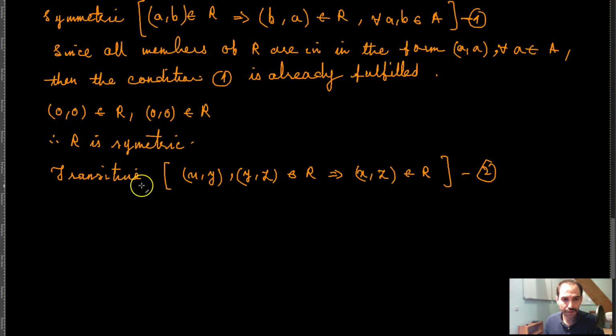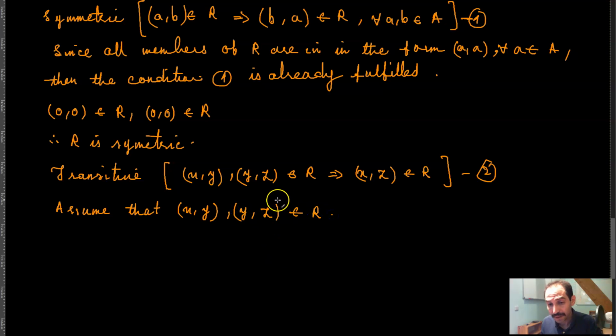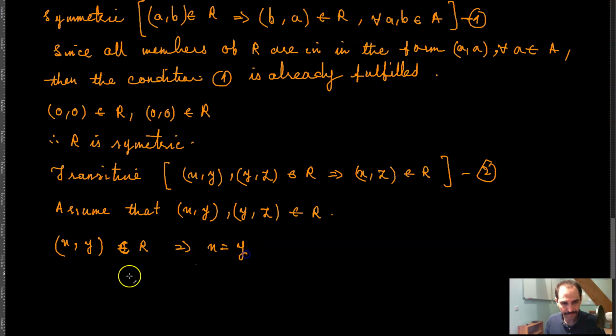Okay, so the solution here is simple. Let's assume that some x comma y and y comma z belong to R. Now x comma y belongs to R, which implies that x is equal to y.